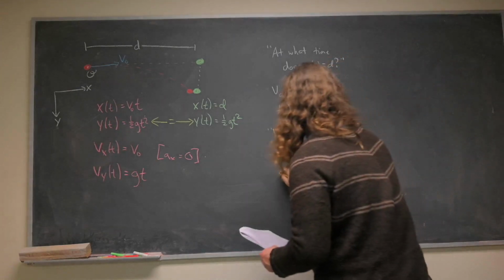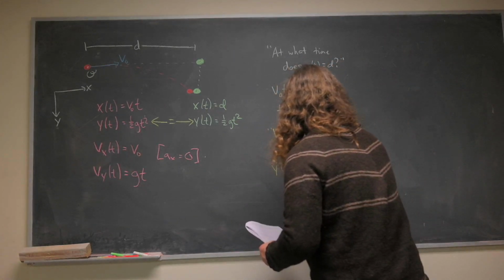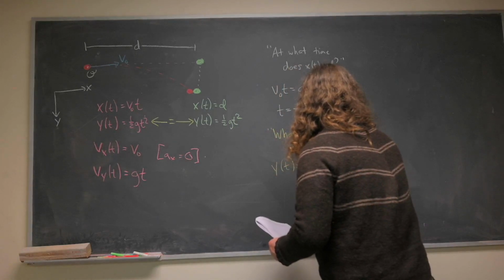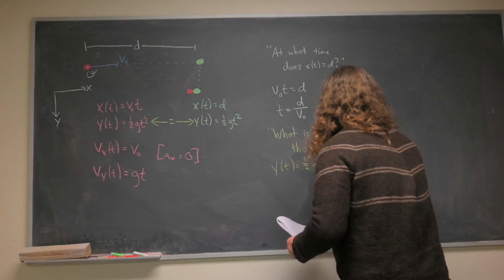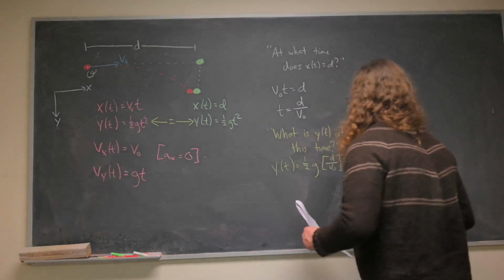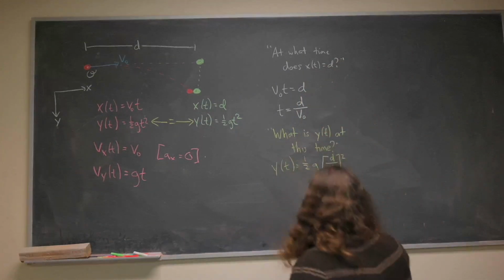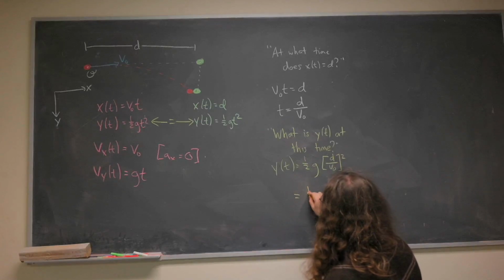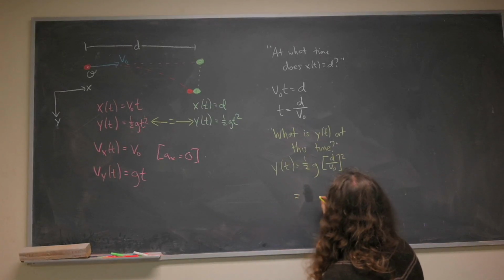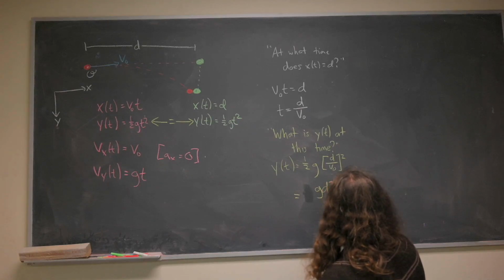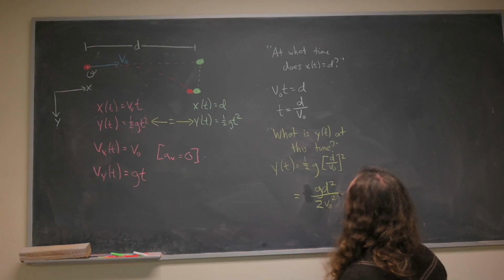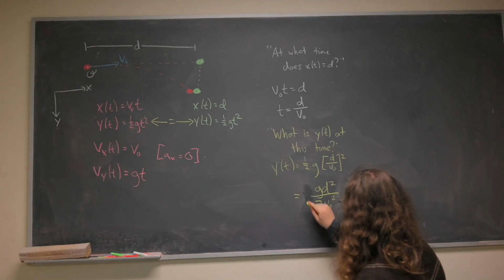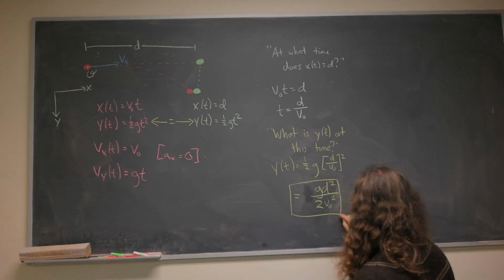Well, y of t is 1/2 times g times d over v naught squared. So that could be written maybe more compactly as g d squared over 2 v naught squared. That's what we came here to find.